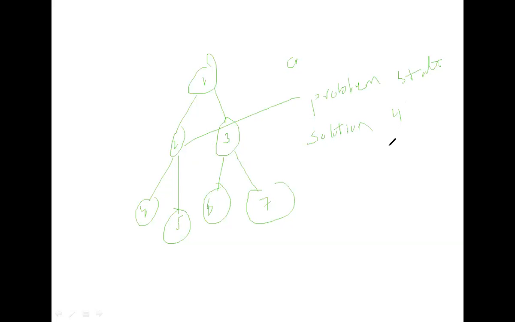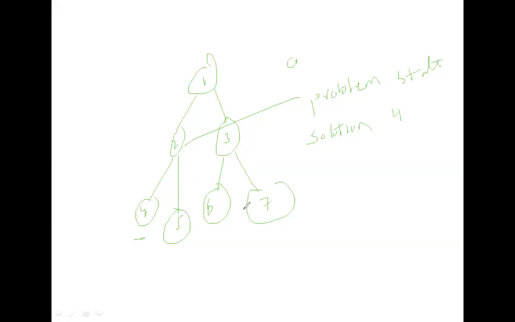Solution states are those problem states S for which the path from the root to S defines a tuple in the solution space. So from here to here the path represents the solution space. Next, 4 is the answer state.